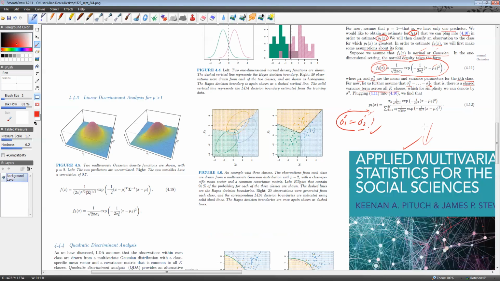So what happens here is we plug in this distribution. This is a direct plug-in, so there's nothing mysterious going on here. There's our prior. Plug this in right over here. This is just putting this whole thing here for the fk(x) density. Same thing on the bottom.